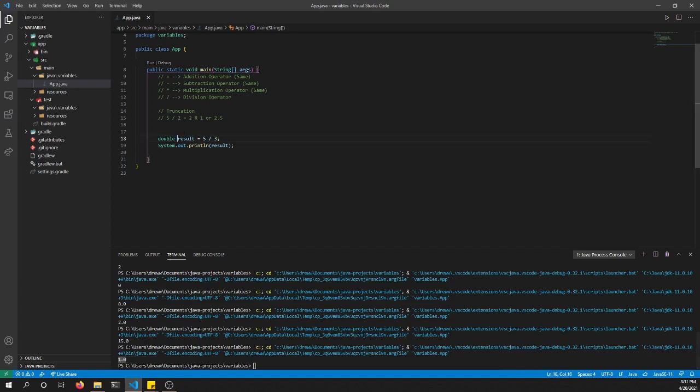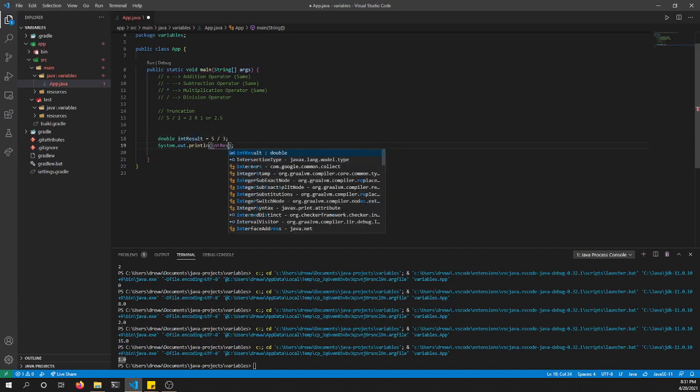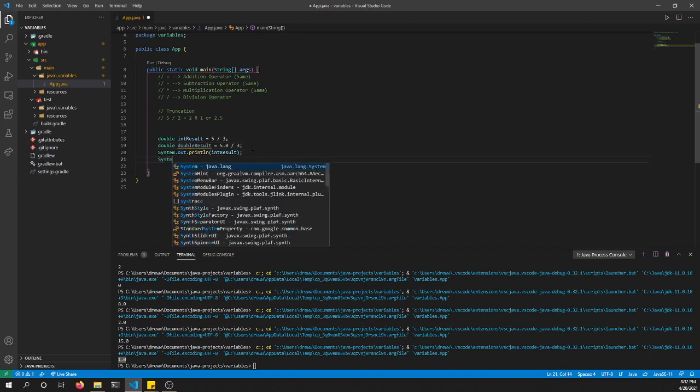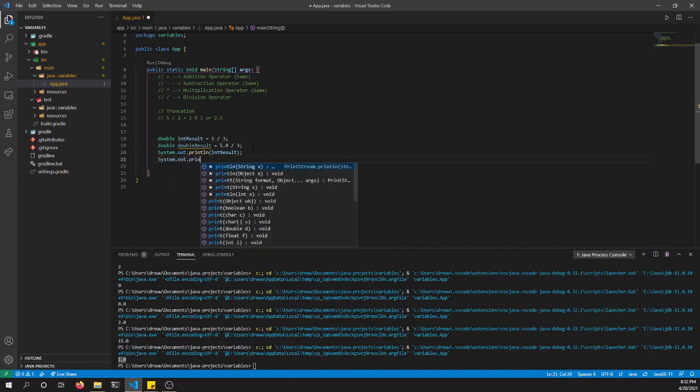So I'm going to change it up a little bit. I'm going to rename this as int result so you can see what happens with ints. And I'm going to also make another one called double result, which is slightly different. Now I'm going to print both of those.